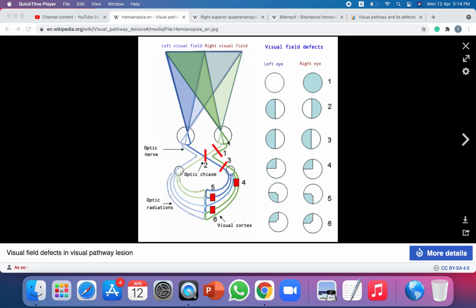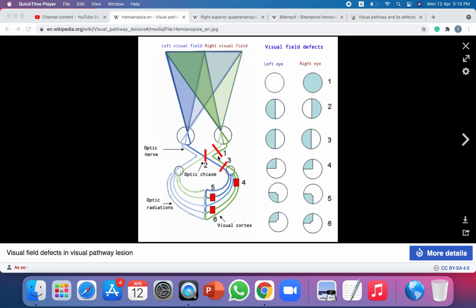If you see my cursor, light rays fall in a straight manner. So the nasal fiber represents the temporal field of vision and the temporal fiber represents the nasal field of vision.